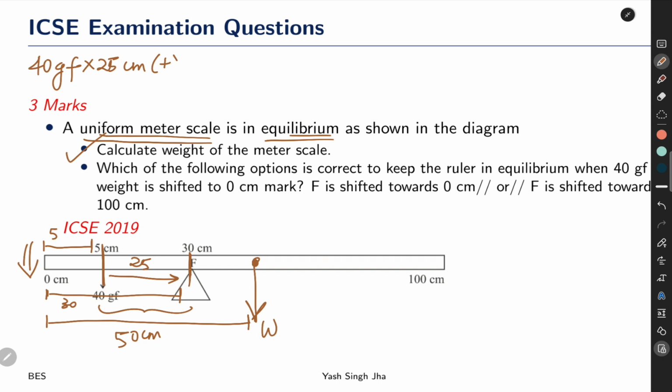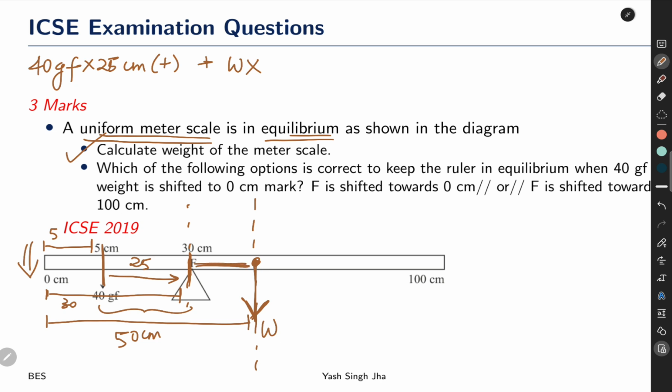Anti-clockwise means positive. Correct? Plus, what is the second force acting on this body? The weight. The weight is also producing a turning effect. So the turning effect is W, weight force, into distance. What distance? Distance of line of action of force to the point of rotation.